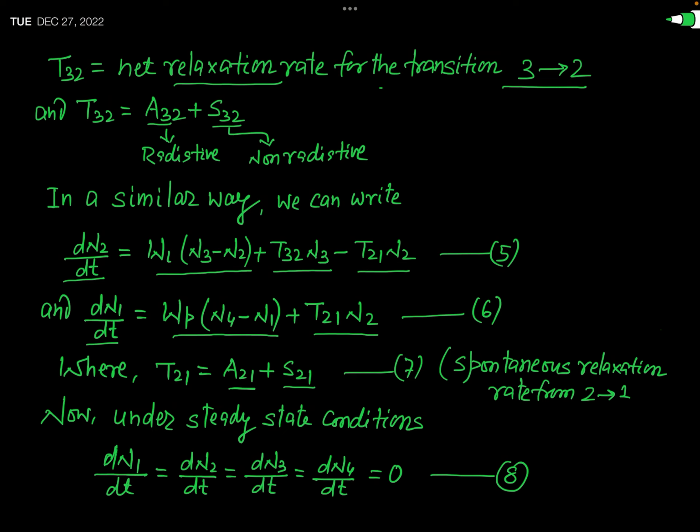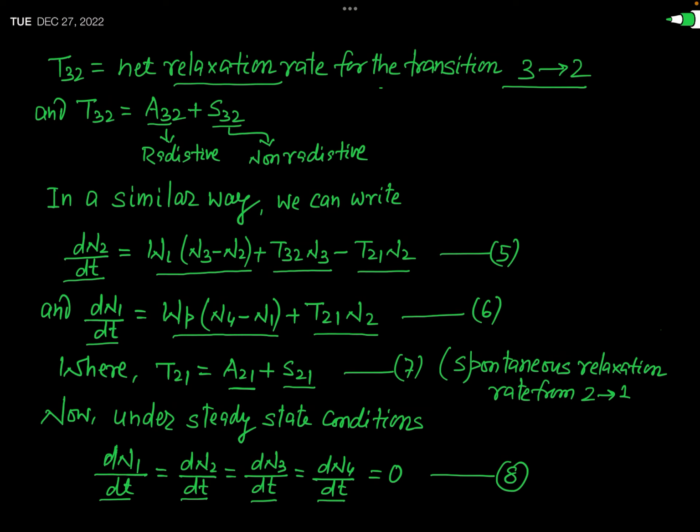Here again, this T21 is the net relaxation rate for the transition 2 to 1, and it has two parts. A21 represents the radiative part of T21 and S21 represents the non-radiative part. Now, when steady state is achieved, the number of atoms in these four energy levels becomes constant and independent of time. So in steady state, the rates dN1 by dt, dN2 by dt, dN3 by dt and dN4 by dt all will be equal to 0.